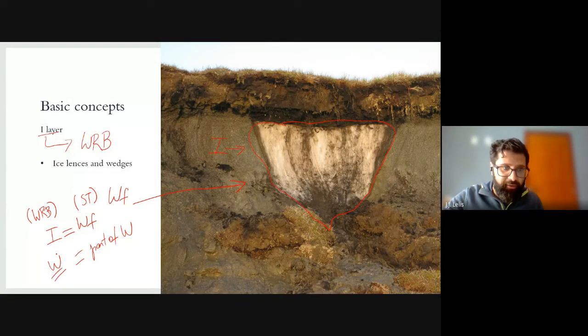Every time that you classify a W horizon in the WRB, it will be classified as a W layer in soil taxonomy too, because they both present liquid water. But the solid ice layer is called WF in soil taxonomy, and is called the I layer in the WRB. Okay?